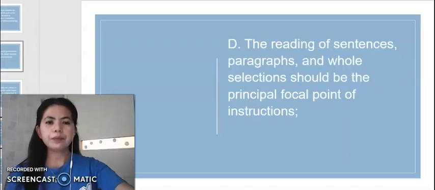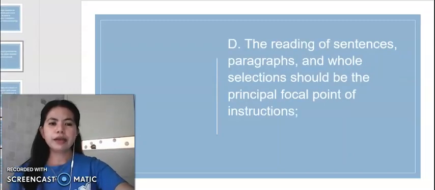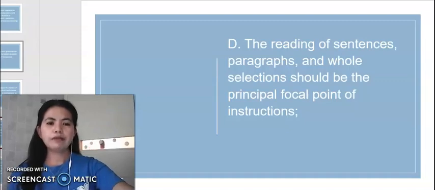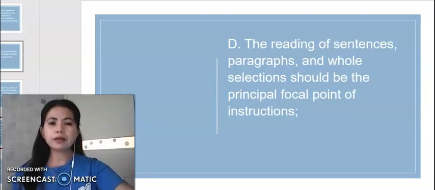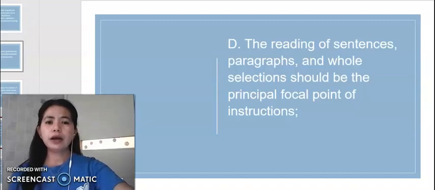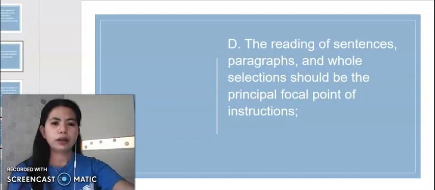The reading of sentences, paragraphs, and whole selections should be the principal focal point of instruction. So when the reader starts to read, he will read directly the sentences, paragraphs, and the whole selection to get the meaning of what he read.